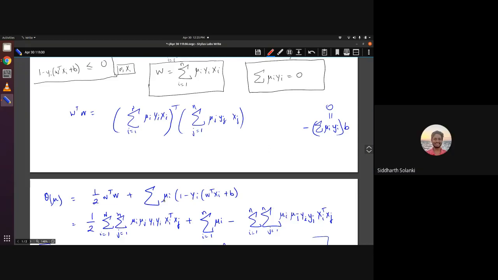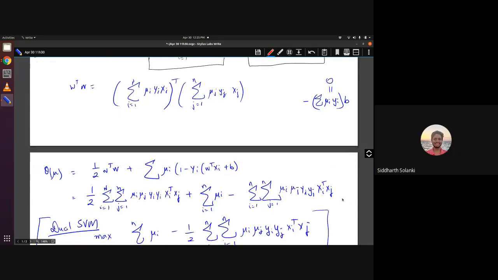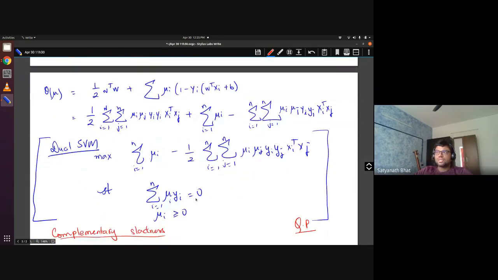And mu I yi b is 0, because b is a single number. You can always take it outside, and then you will get summation mu I yi, which is anyway 0. So that third term, the b, drops off. Is that okay? Yes, sir. And that's it then. If you follow all the steps, then this is what it is.